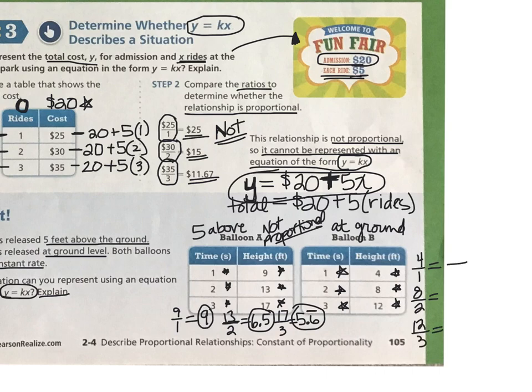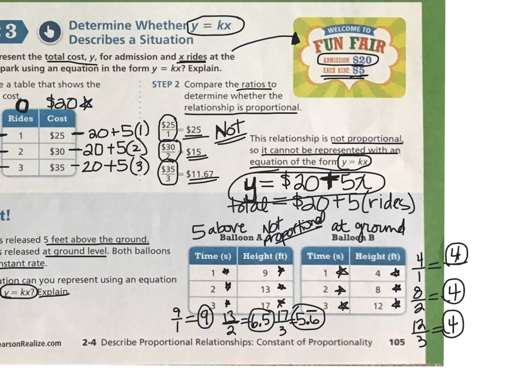A ratio of 4 to 1 gives me a unit rate of 4. A ratio of 8 to 2 also gives me a unit rate of 4. And the ratio of 12 to 3 gives me again a unit rate of 4. And remember, you've got to check every ratio in that table.